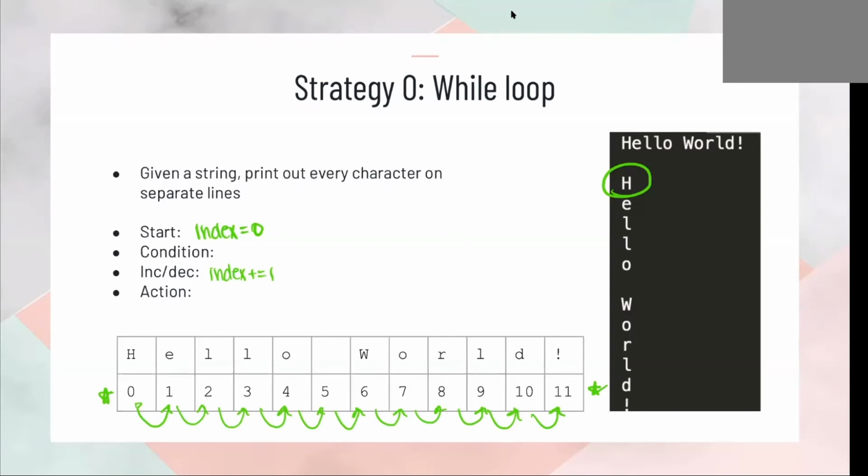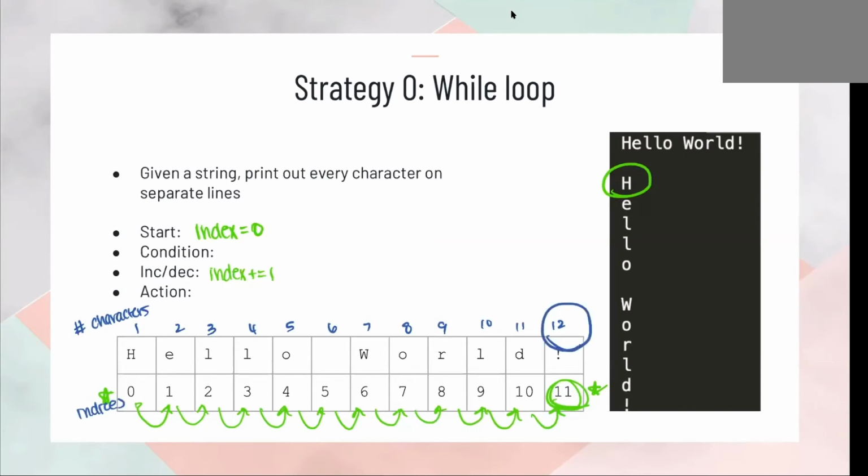So the very last index is index number 11, but I want you to see this really important observation. In terms of the number of things inside my string, there's 1, 2, 3, 4, 5, 6, 7, 8, 9, 10, 11, 12. So this gives us the number of characters, whereas this right here is indices.